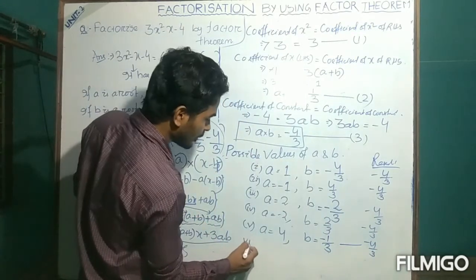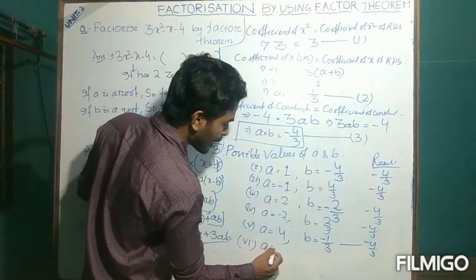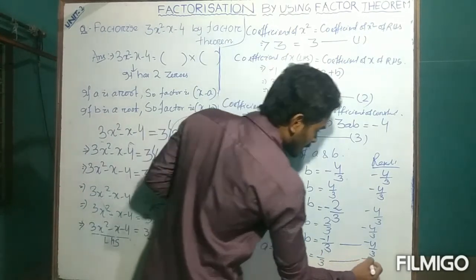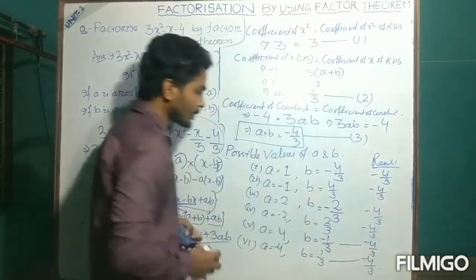Then for the sixth assumption, A may be -4. So B will be 1 by 3, so that the result is -4 by 3. Clear?